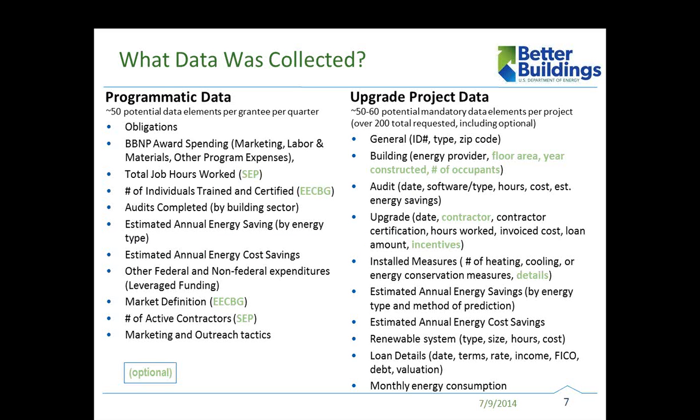An Excel reporting template was used for what we call the program report quarterly, and it asked for programmatic information at a grantee level: the number of obligations, amount of grant spending, number of hours worked, individuals trained and certified, audits completed, energy saved, that kind of information at a program level. So we were asking for that on a quarterly basis.